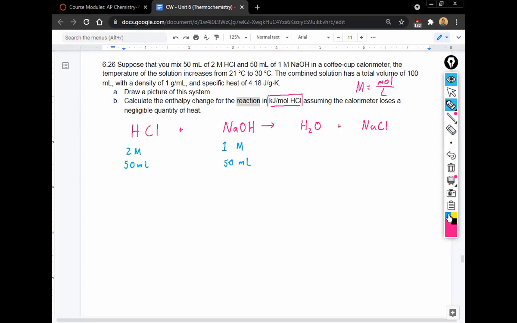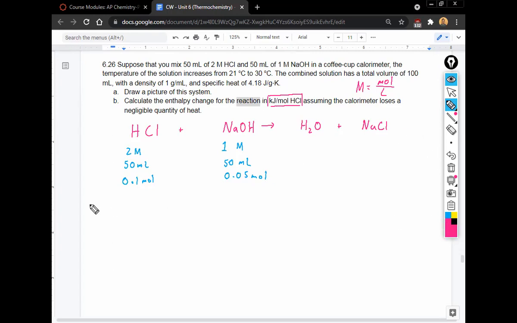All right guys, so hopefully you were able to figure out that this is going to be 0.1 moles of HCl and 0.05 moles of NaOH. Everybody got that? Okay. So now we can start calculating the heat transfer.